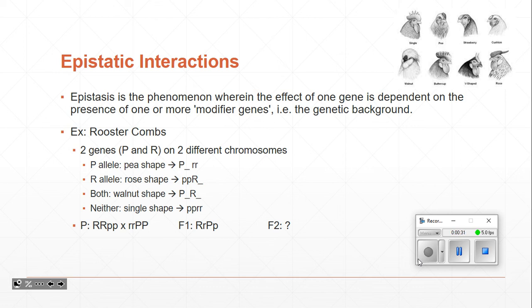Another scenario that we could consider is something called epistatic interactions. Epistasis is the phenomenon wherein the effect of one gene is dependent on the presence of one or more modifier genes. So this is the first time we're really considering that one gene affects another gene. Up until this point, genes had been separate from each other.